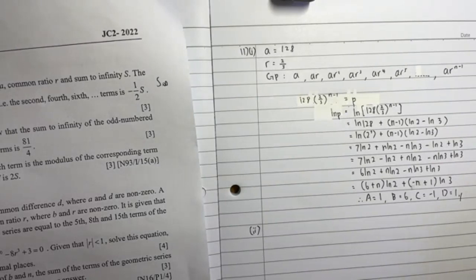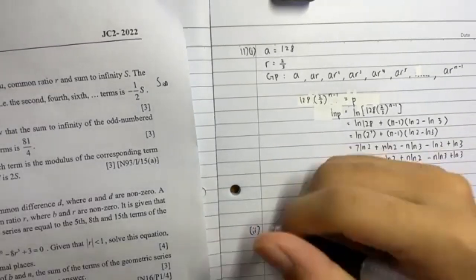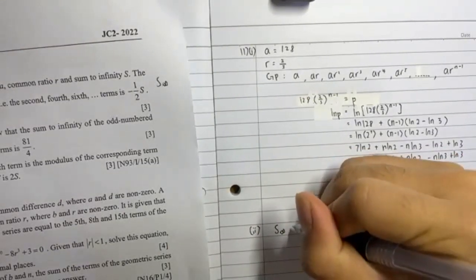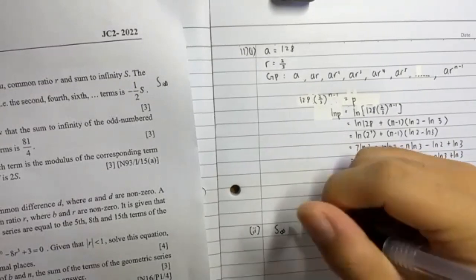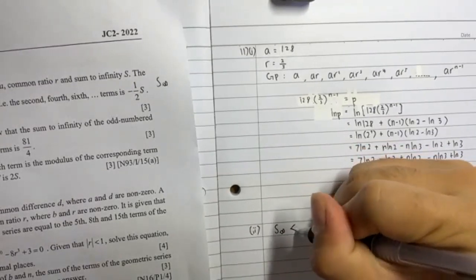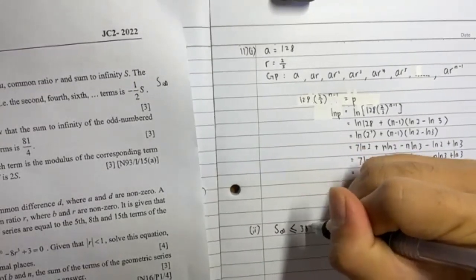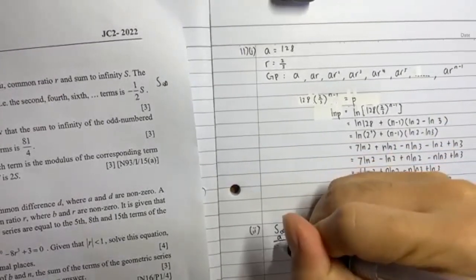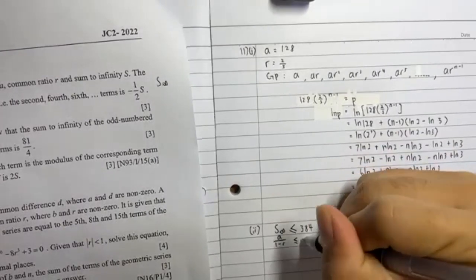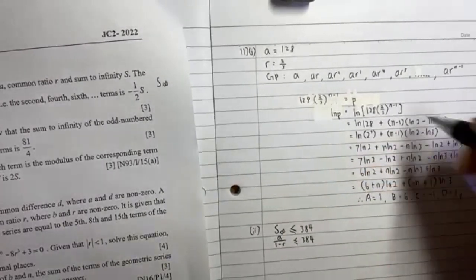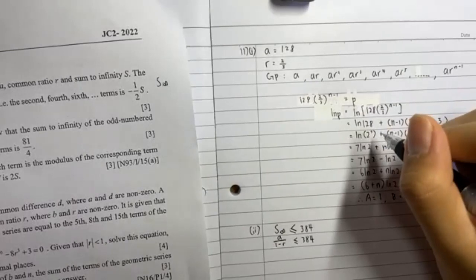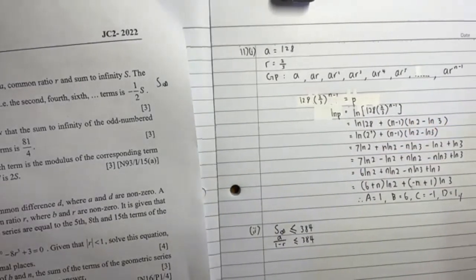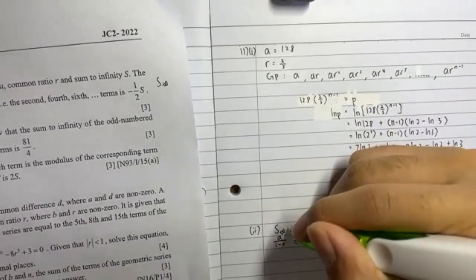I think you can give it a try, and then you will know whether you're correct or not. Because there's an infinity, it's very easy: A over 1 minus R equal to 384. I will not write the smaller than at the start. I will just write it in the last sentence. Writing it here might be confusing.